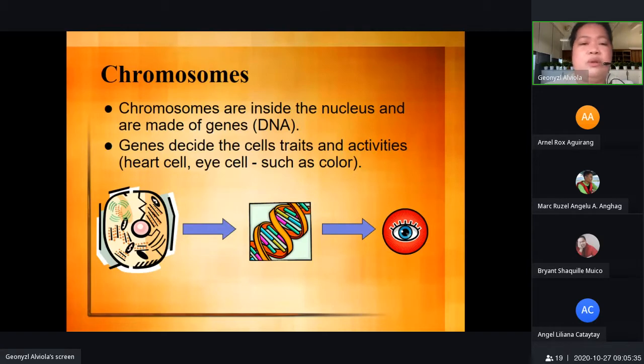Chromosomes are inside the nucleus and made up of nucleic acids. So nucleic acids like thymine, cytosine, guanine, adenosine, and uracil. Uracil is found in bacteria, and cytosine is found in most eukaryotic cells.